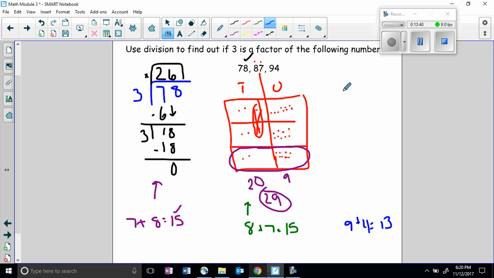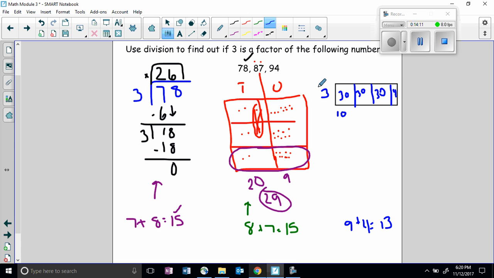Alright, what was the other? Area. We'll do our area method now. Go ahead and do this. We're dividing by 3. Well, I know 30 would be 1. That would give me 10. 30 would be another one. 30, 60, 90, and then there would be a 4 right here.